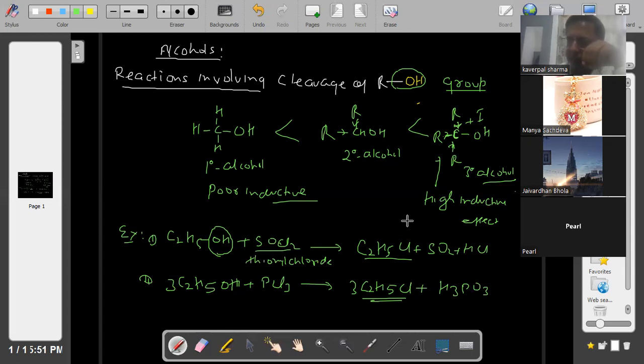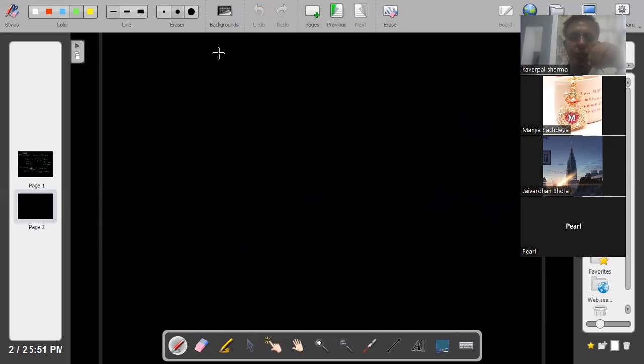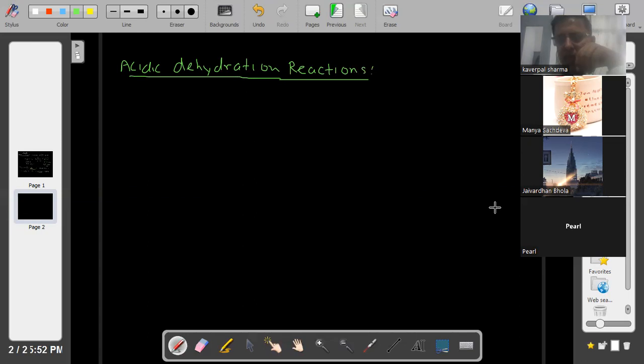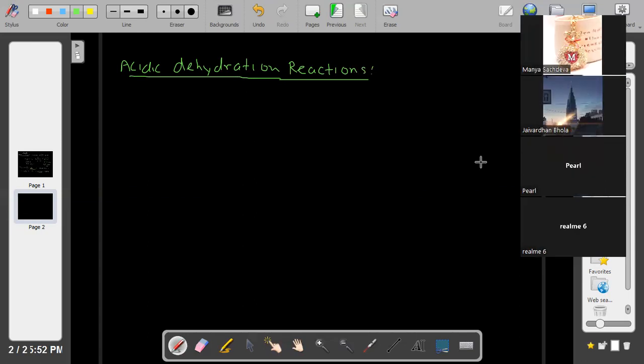Another one is acidic dehydration reactions. In such a case, what will happen? Acidic dehydration reaction is an elimination.